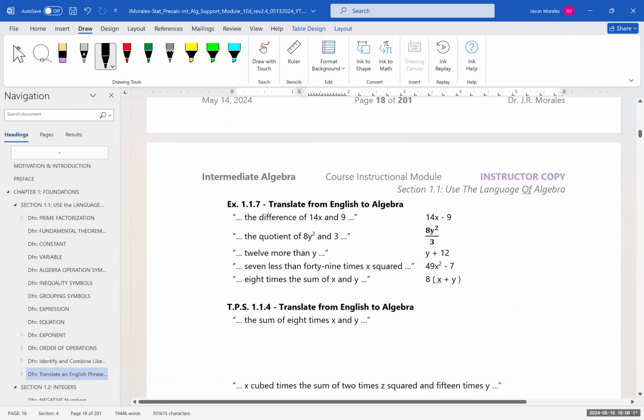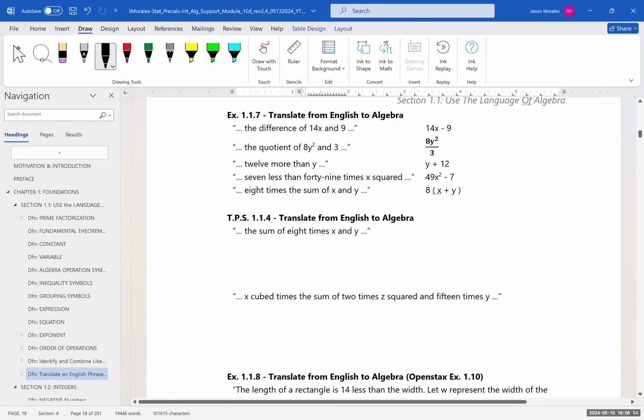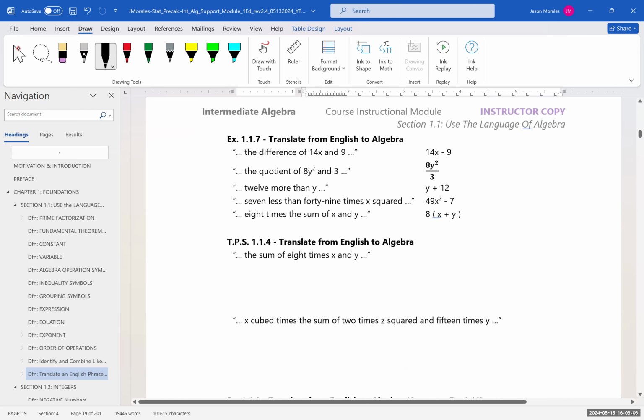So let's look at doing some examples to see what I mean. Here I've got just a snippet from a word problem where it says the difference of 14x and 9. When they say the difference of 14x and 9, what they really are saying mathematically is 14x minus 9.